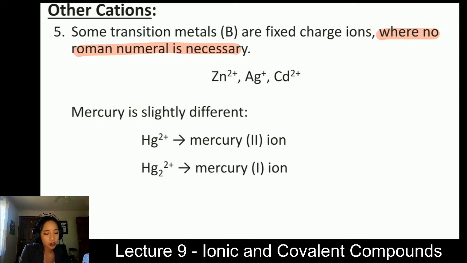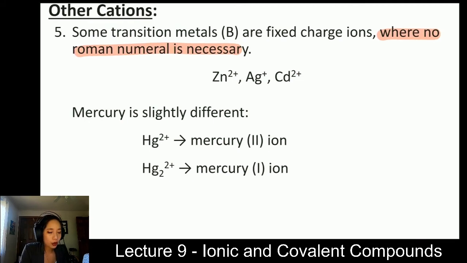And so these are the charges, you will not find zinc in another type of charge. You won't find zinc 1 plus, although it is a transition metal. Each of these ions have a fixed charge. So we would just call a zinc 2 plus just zinc ion, or silver plus silver ion, or cadmium 2 plus cadmium ion.